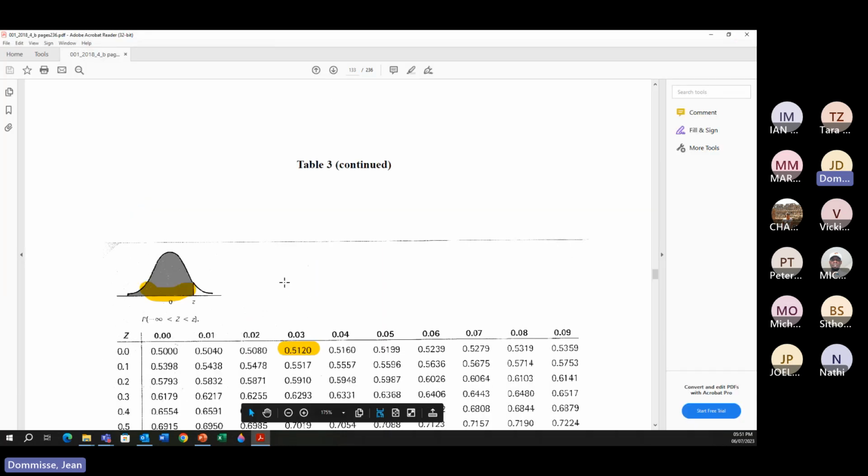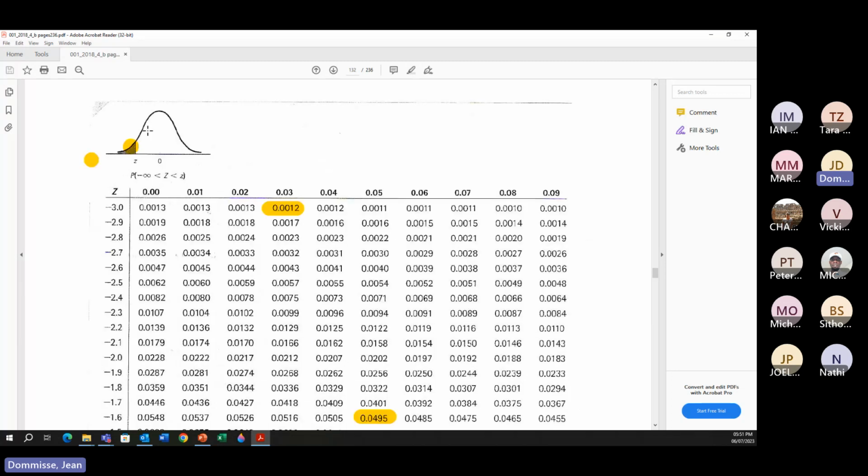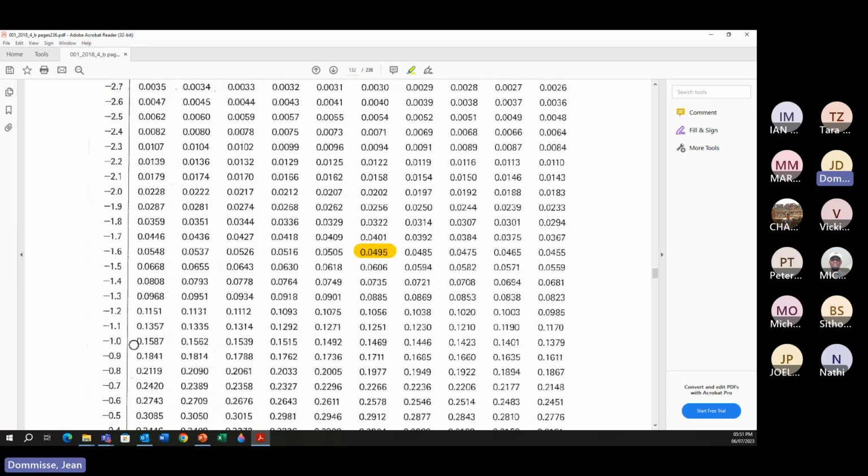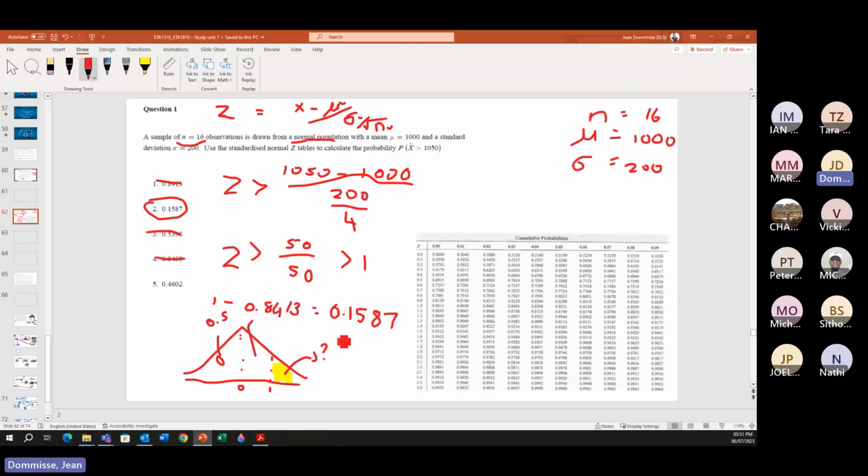What we could have done, and that would have been option 2, what we could have done as well is gone to the negative table, because we know that we work with symmetry. So if that was 1, that side is -1, so it should give you the same. If we go to -1, we get 0.1587, which is exactly the same.